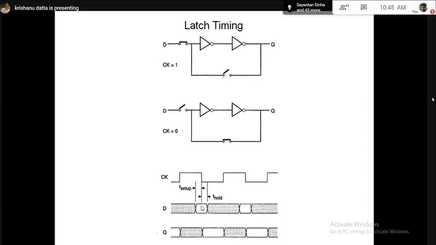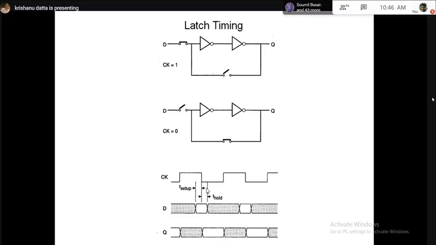The idea is that data has to be stable some time before the critical edge of the clock, in this case falling, which is called setup time. Data has to be stable after some time from the falling edge of the clock, which is called the hold time. And if you add setup time and hold time, these two together are basically your white area. This means this is the window where input data has to be stable.